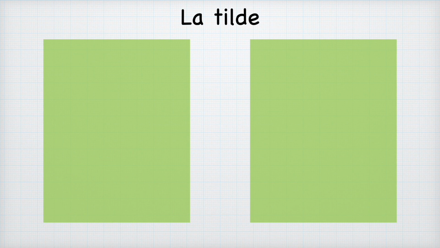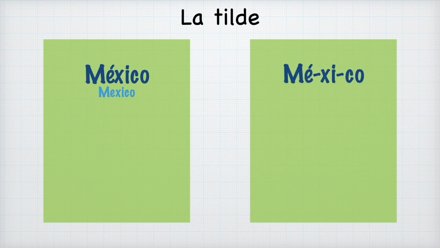Let's look at some examples of words that end in a vowel, the letter N or the letter S, but have an accent. We already saw Mexico at the beginning, and it has 3 syllables: me, xi, co. Since this word ends in an O, the rule says that the stress should be on the second syllable.